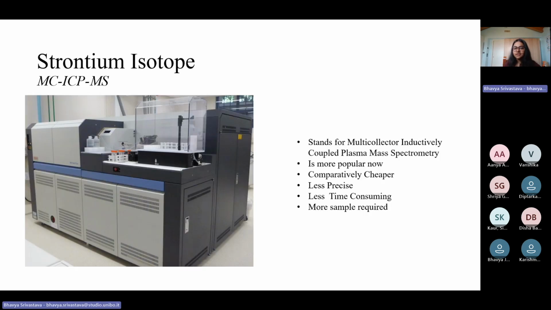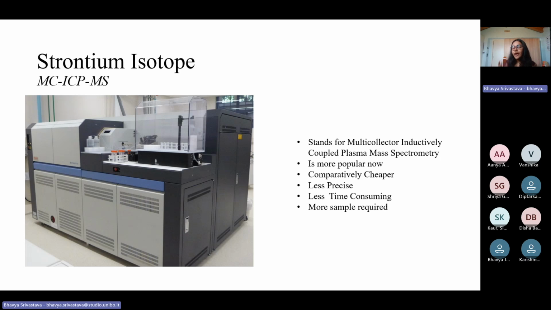The other one that is used nowadays is the MC-ICP-MS, which is multi-collector inductively coupled plasma mass spectrometry, which is more popular nowadays because you can analyze 4 samples in a day, which is fairly quick considering the time taken in case of TIMS. However, it is a bit less precise and it requires more sample, but it is comparatively cheaper as well. So there are pros and cons of both the methods.